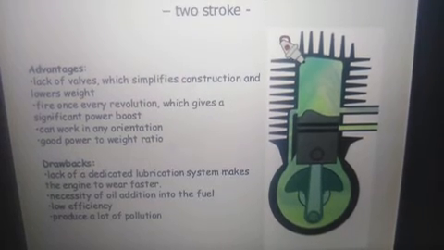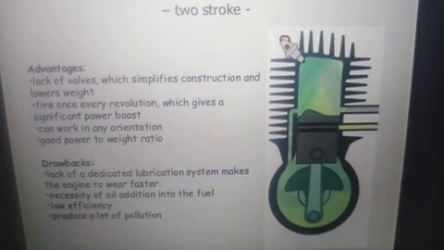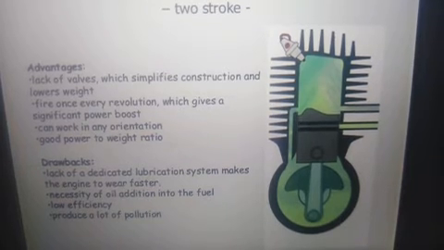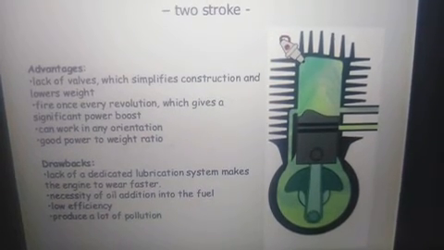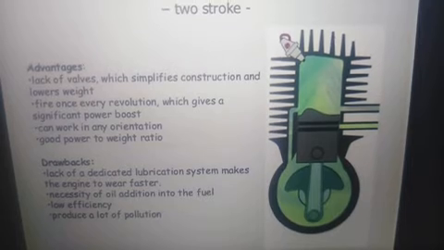There is no dedicated cooling system or lubrication system for the two-stroke engine, hence wear and tear gets faster for two-stroke engines. Again, the necessity of oil addition into the fuel.